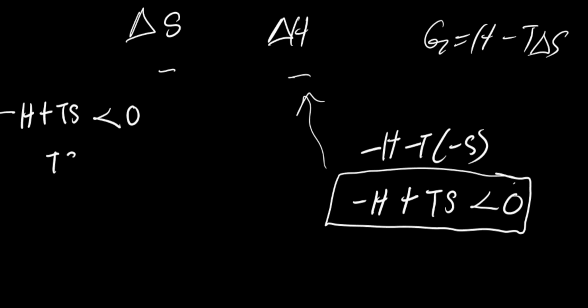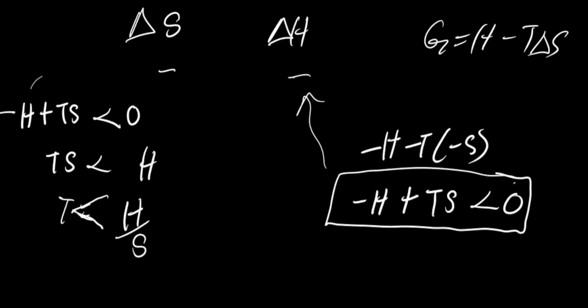So we would have that TS is less than H. This is simplifying it further, and when we bring S to the other side, we would have that T is less than H over S. It means that when we have entropy negative and enthalpy negative, the condition for the reaction to be spontaneous is that the temperature in Kelvin must be less than the ratio of enthalpy to entropy.